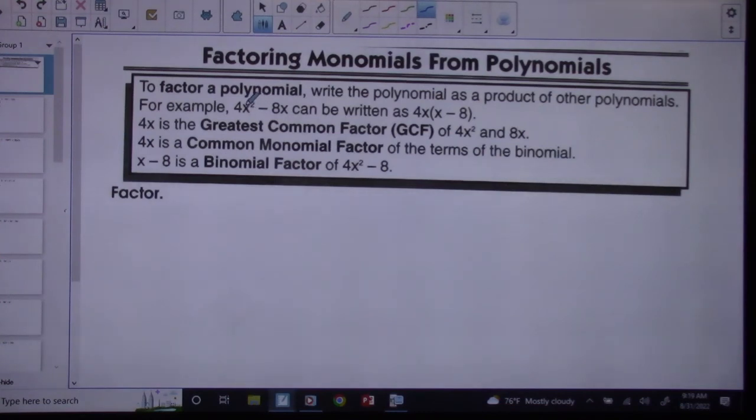Because in common to 4x squared and 8x are this 4, and so 4 is a common factor to each of those, and the x is common to the x squared and the x. And so what you're doing is the undistributing, okay?